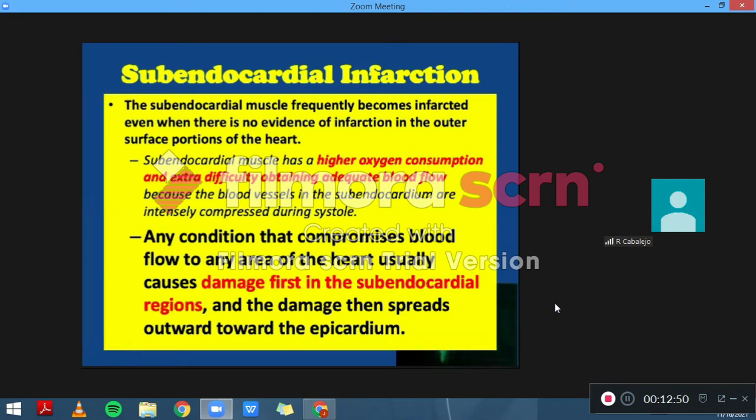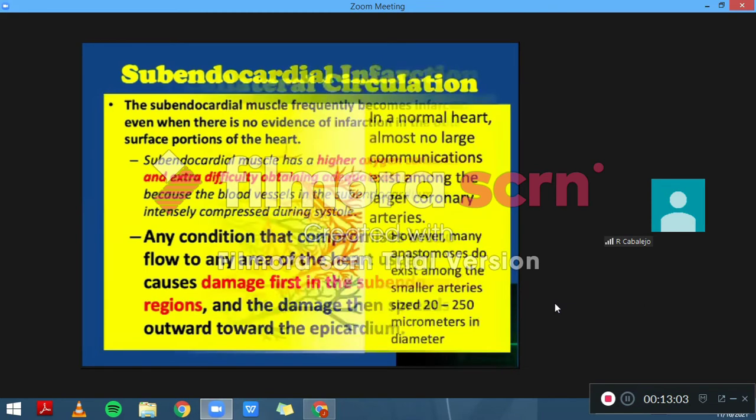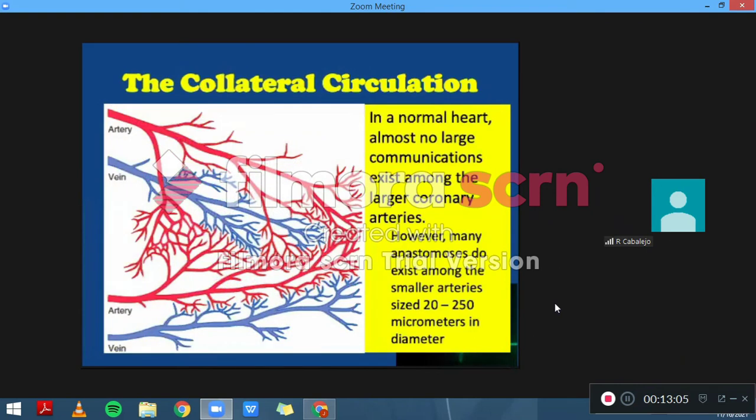So any condition that compromises blood flow to any area of the heart usually causes damage first in the subendocardial regions, and the damage then spreads outward toward the epicardium. So what is the concept of collateral circulation? Normally there are no communicating vessels that connect larger branches of coronary arteries.